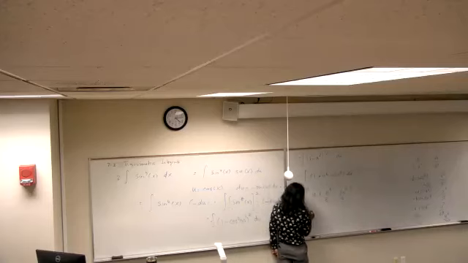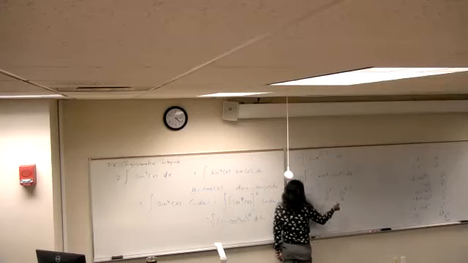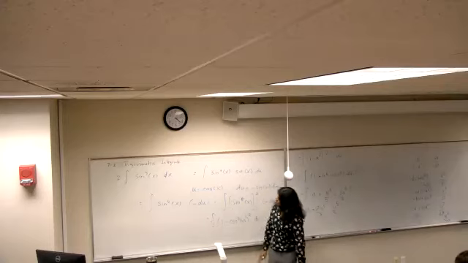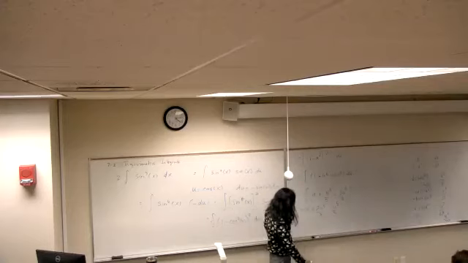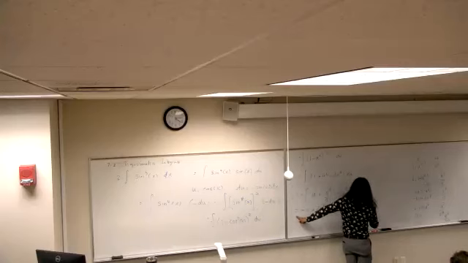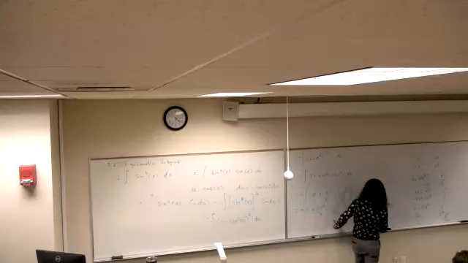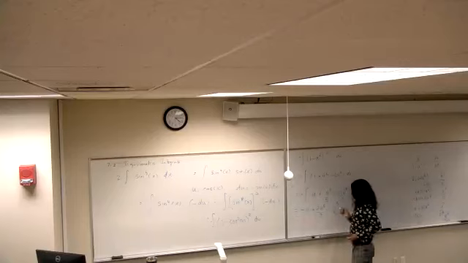So negative u plus 2u cubed over 3 minus u raised 5 over 5. The last step would be to plug in our substitution. Negative cosine x plus 2 cosine cubed x over 3 minus cosine raised fifth power of x over 5 plus 6.